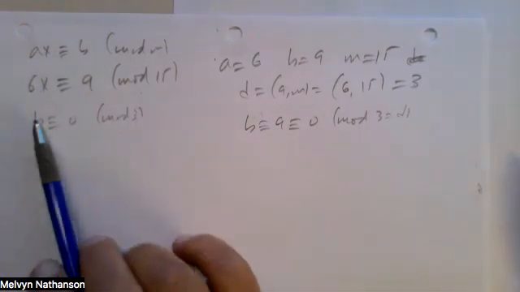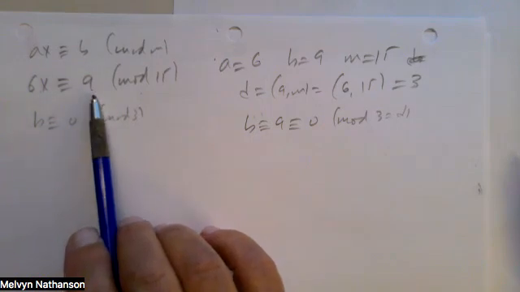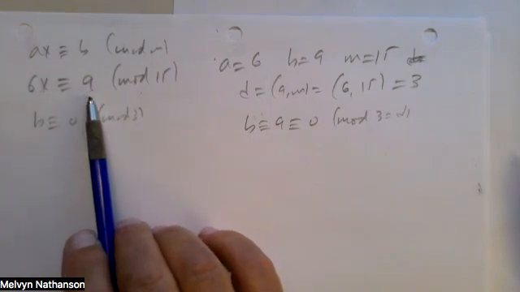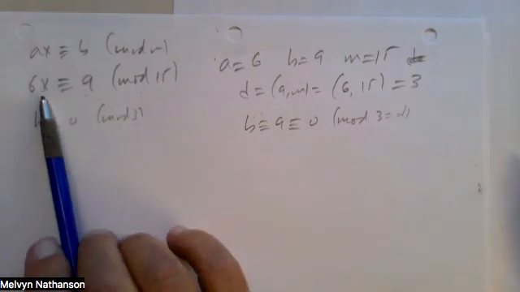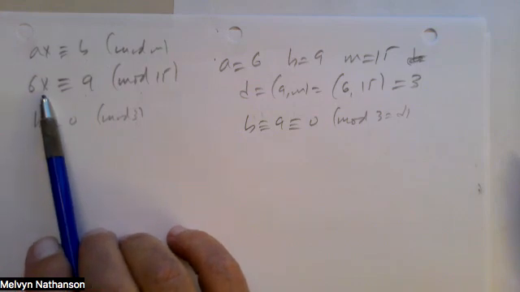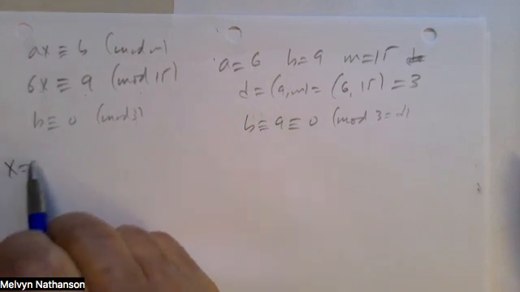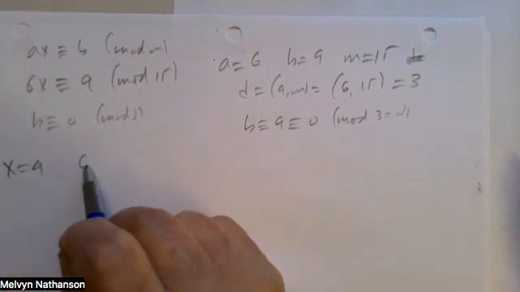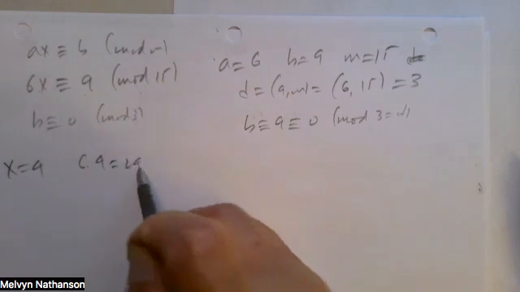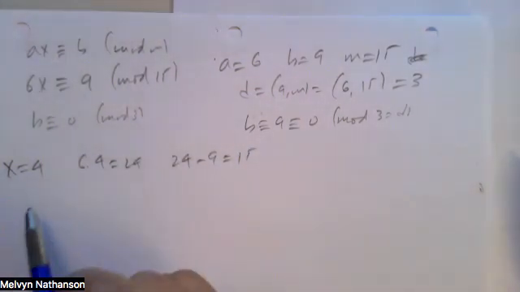What is one solution of this congruence? Let's see. Solve 6x congruent to 9 mod 15. So try 0. I'll just do it by 1, 2, 3, 4. Suppose I take x equal to 4. 6 times 4 is 24. 24 minus 9 is 15.